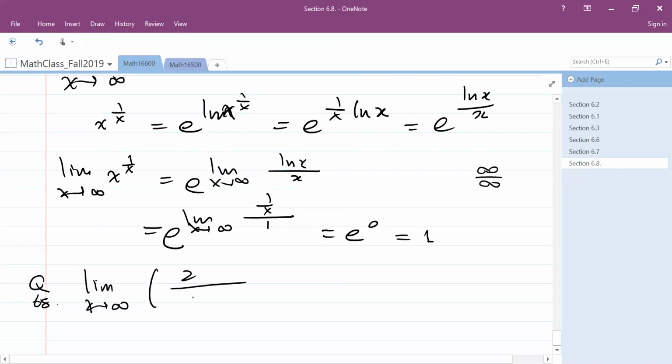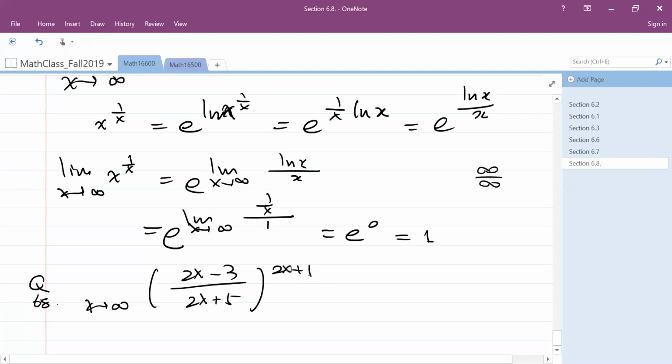Right, so here's problem number 68: the limit of (2x minus 3 over 2x plus 5) to the power 2x plus 1. Wow. This is a problem. How do we figure out the limit?